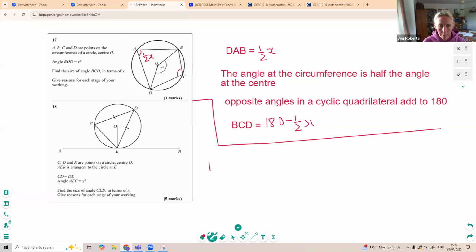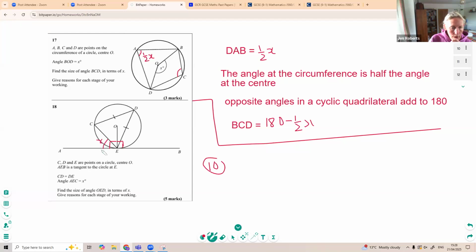Question 10. CD, it's an isosceles triangle. We've got our 90s here and here, right? We've also got some tangent theorems going on. AEC is x.